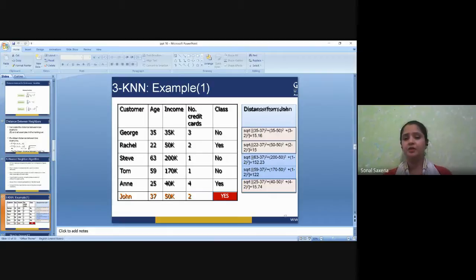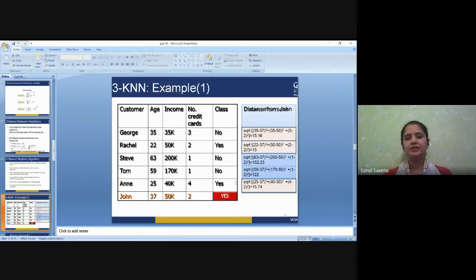So it is considered to be a nearest neighbor. Then when we compute it with Steve, it is 63 minus 37, 200k minus 50k, and 1 minus 2. Then we can find the distance from Tom to John: 59 minus 37, then 170 minus 50, and 1 minus 2. Similarly, with Anne, it is 25 minus 37, 40 minus 50, and 4 minus 2.